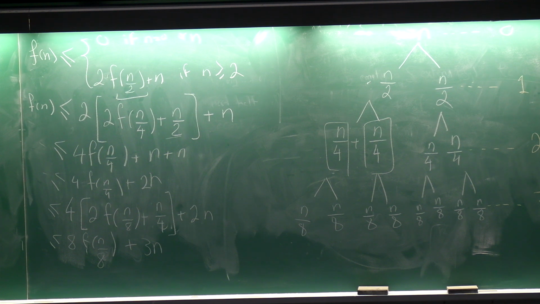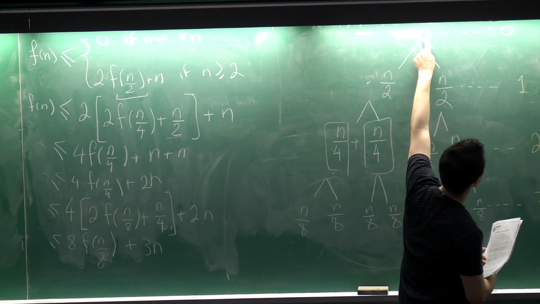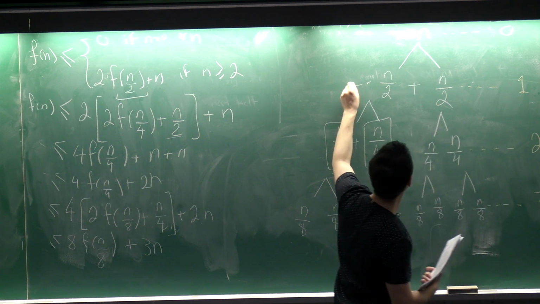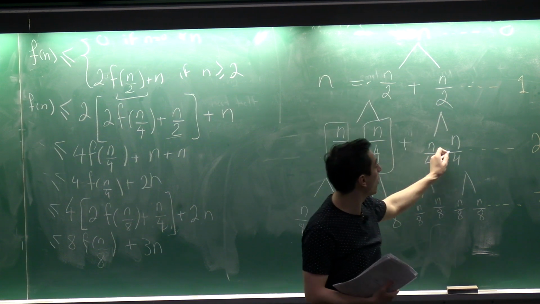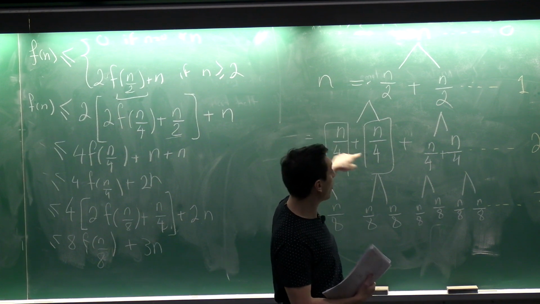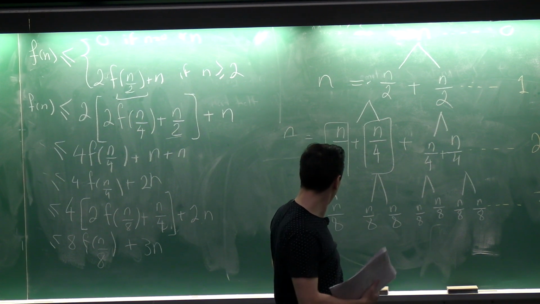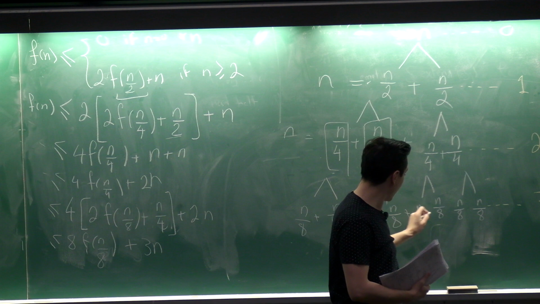Why do I only care about how far this tree will go? Because every level of this tree will actually make the same number of comparisons, which is n. Because here, we're going to do just n comparisons. Here, we're just going to do n over 2 plus n over 2. Here, we're going to sum all of these up. We have 4 n over 4s. And here we have 8 n over 8s.